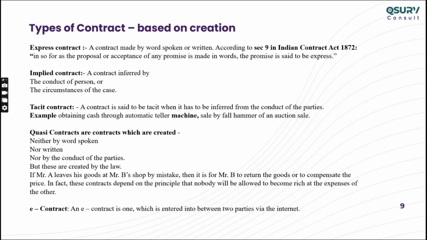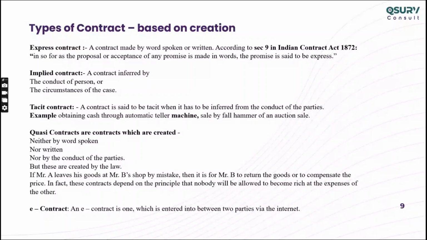Just like our old concession contract, which has a specification, a form of agreement, a political condition, everything expressed. That means you can physically see the document and physically touch the documents. That is called express contract.